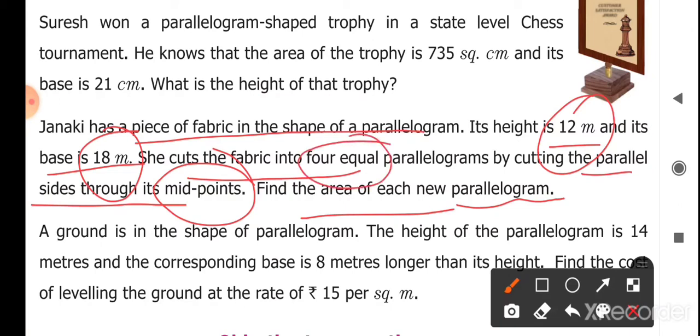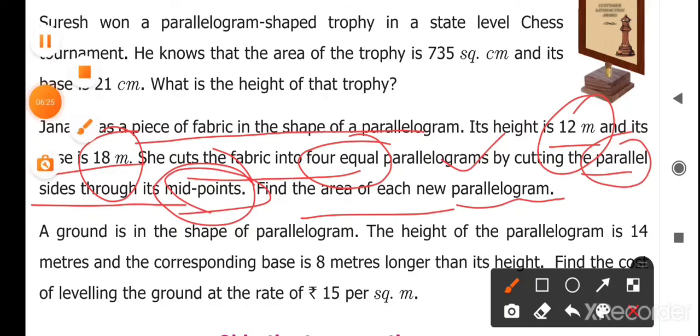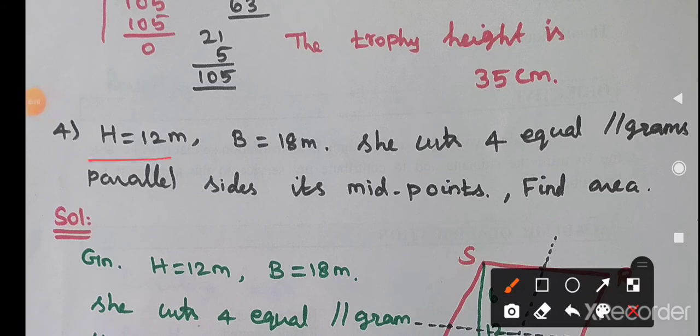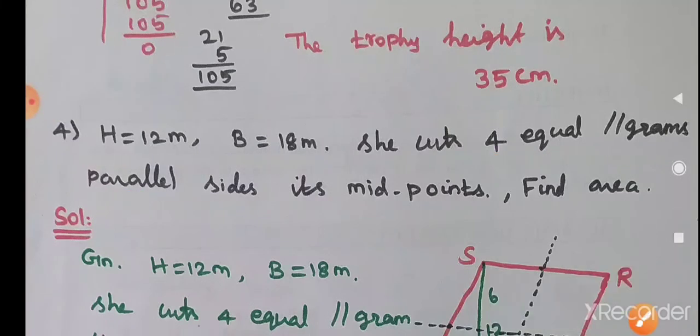It's very important, 4 equal parts. That shape is a parallelogram. She is cutting the parallel sides only, and the points are midpoints. So we have to find the area of the parallelogram. Find the area. See the figure.